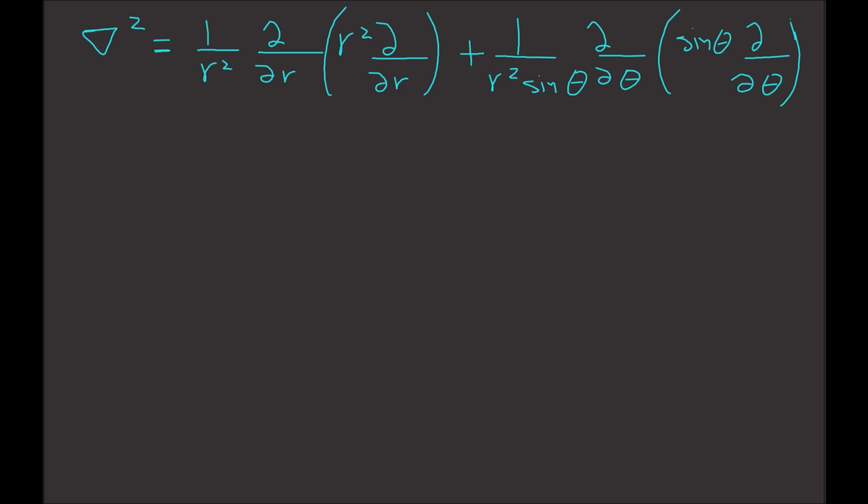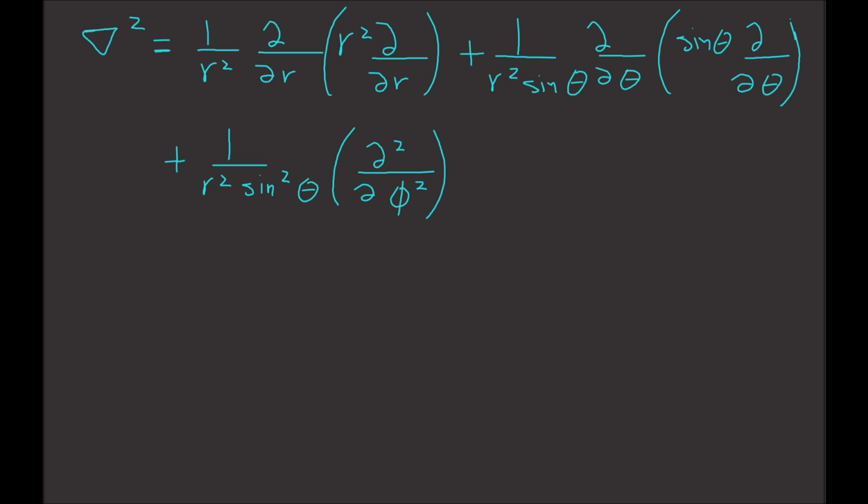The third piece is in terms of all 3 variables: 1 divided by r squared sine squared theta times the second partial derivative with respect to phi. So now we have switched our Laplacian from Cartesian x, y, and z to spherical r, theta, and phi.